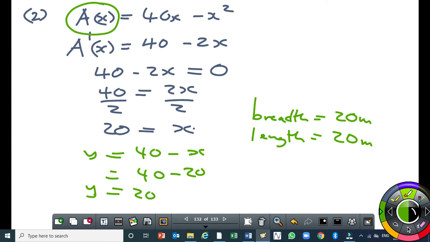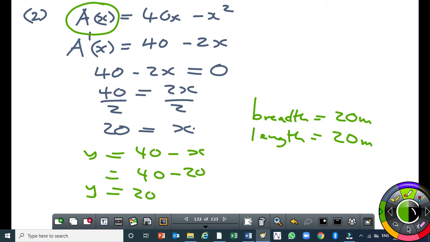This formula here, that's for the area. Okay? Don't worry. The next part of the question, we are going to find this. We are going to use this equation. We have found the value of x for the area to be a maximum. Right? That value of x is 20. Are you following there? Please don't confuse this question here. You need to find the value of y, which is the length of the rectangle. To find it, you have to use this equation.